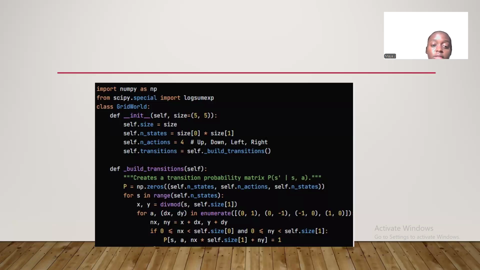Remember, you're trying to check transitions.